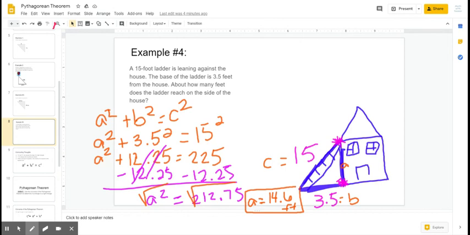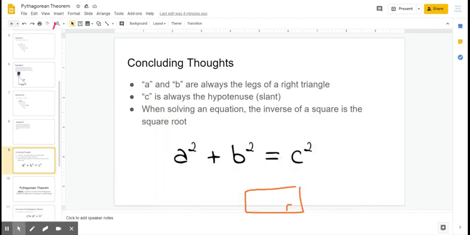All right, so just some concluding thoughts for you. A and B are always the legs of a right triangle. So let me just erase this, sorry. A and B are always the legs of the right triangle.